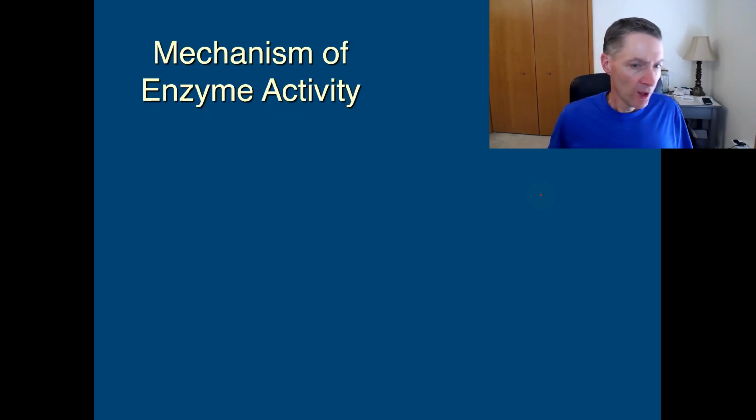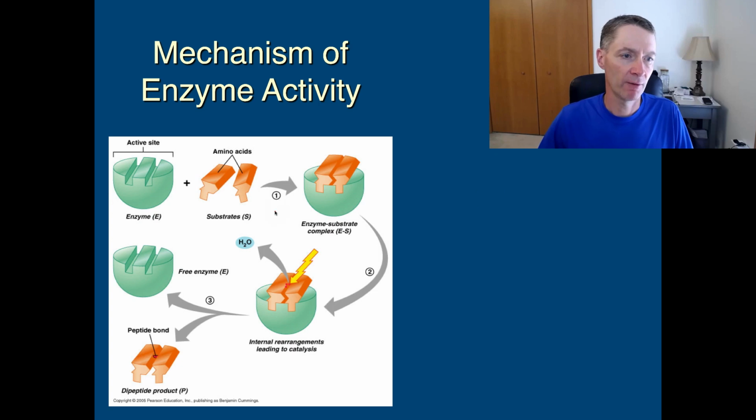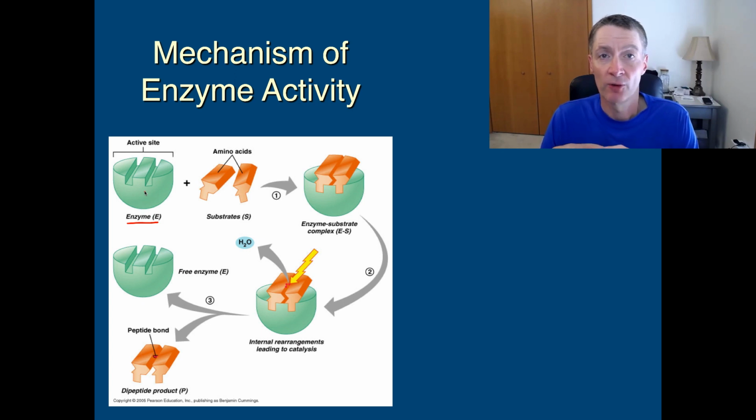Now, we will need to know a basic mechanism of enzyme activity, all right? So here we have an enzyme. Enzymes are typically proteins, not always, but let's just say this one is a protein, and proteins have a certain three-dimensional shape because of those hydrogen bonds we learned about way back in the chemistry review.